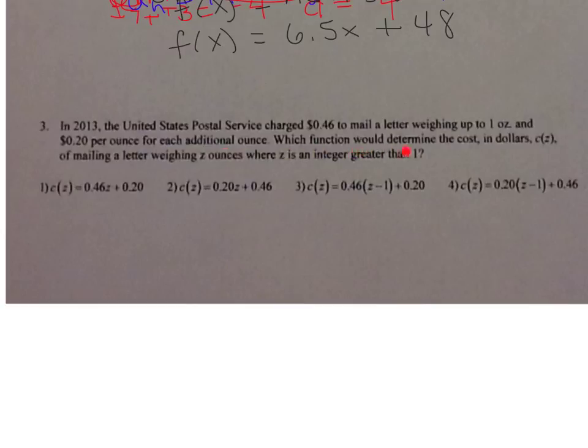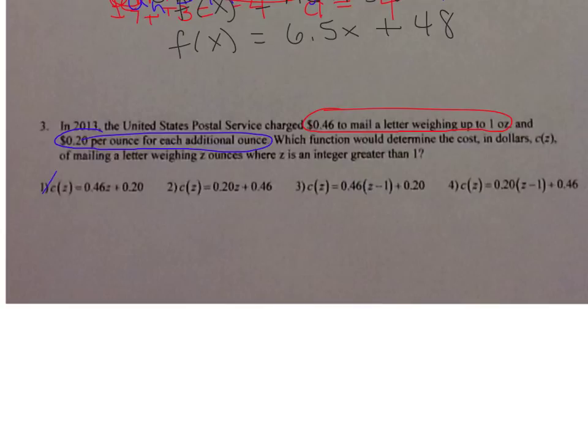Which function would determine the cost in dollars, C of z, of mailing a letter weighing z ounces, where z is an integer greater than 1? So no matter what, to mail a letter, it's going to cost 46 cents up to 1 ounce. Then I have to start paying more if it's more than an ounce, at 20 cents per additional ounce.